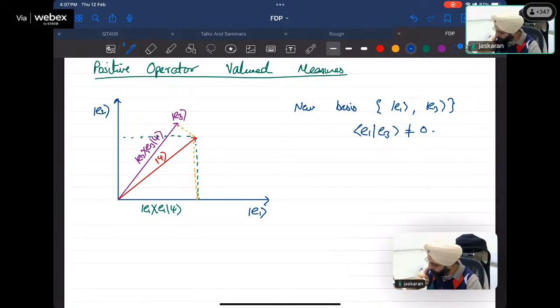So this will be our basis, and then what we can do is try and see how we can implement this quantum measurement.